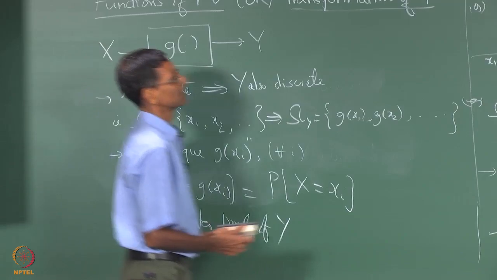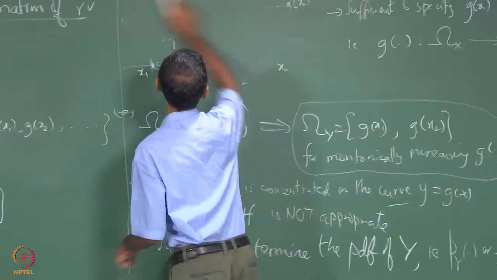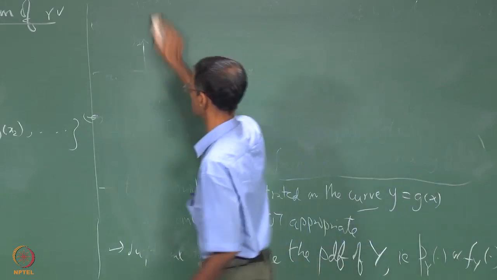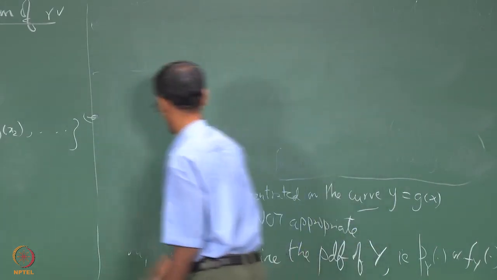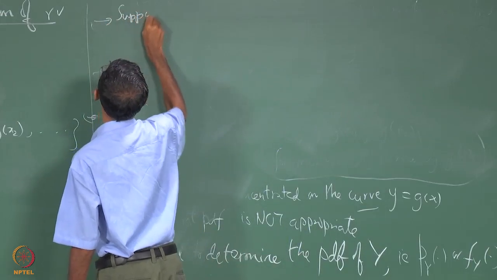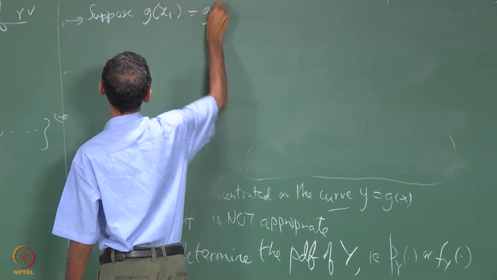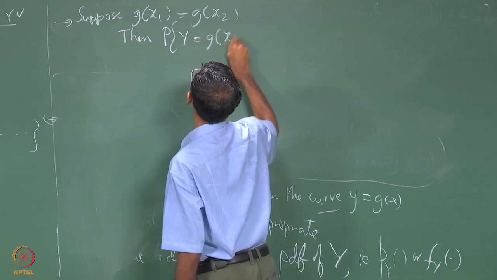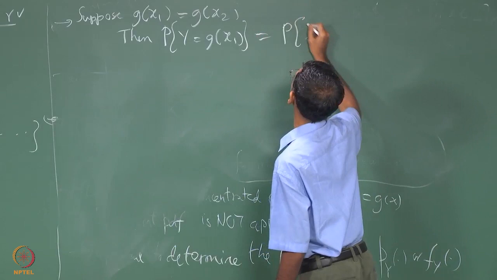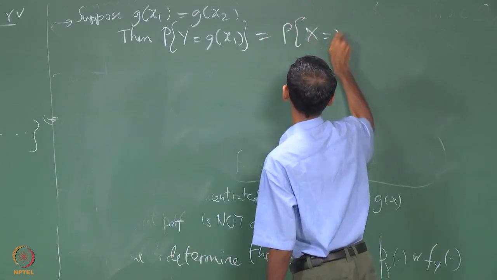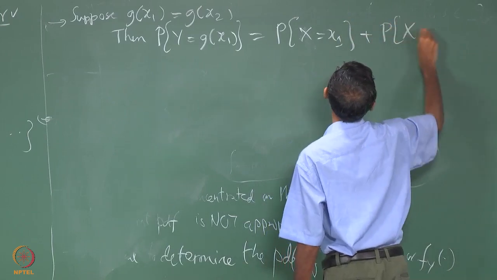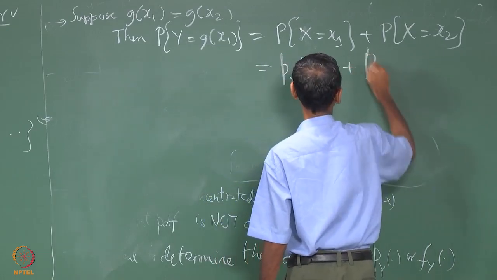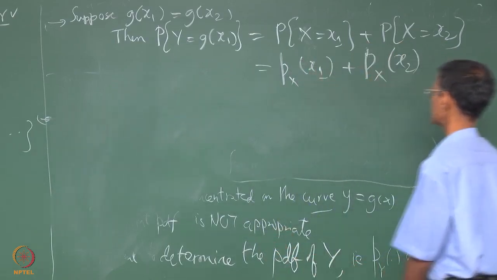Suppose g of x1 is equal to g of x2, then this is P of y equal to g of x1, and we wrote this as small p of x1 plus p of x2, using the function px that we used, and so on.